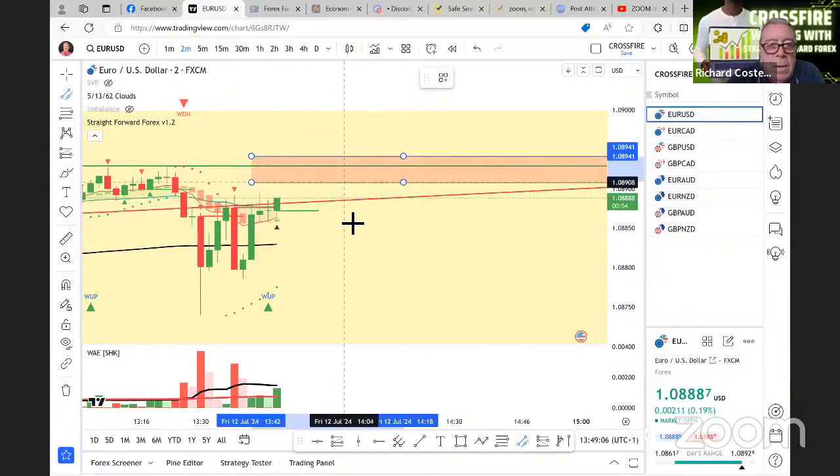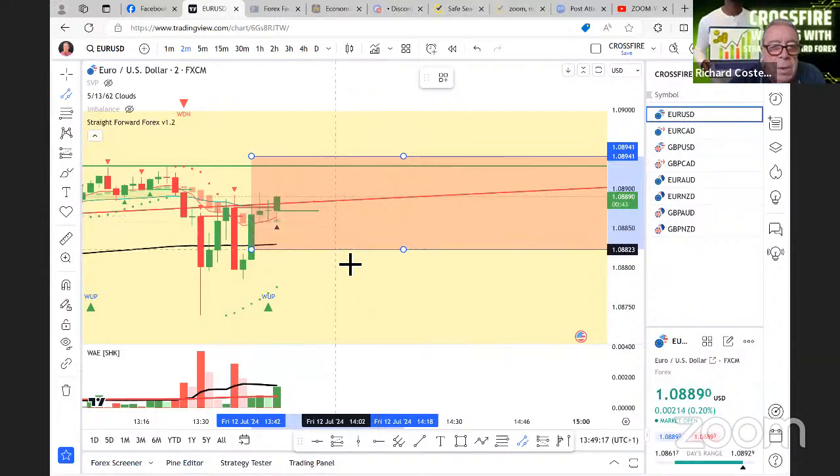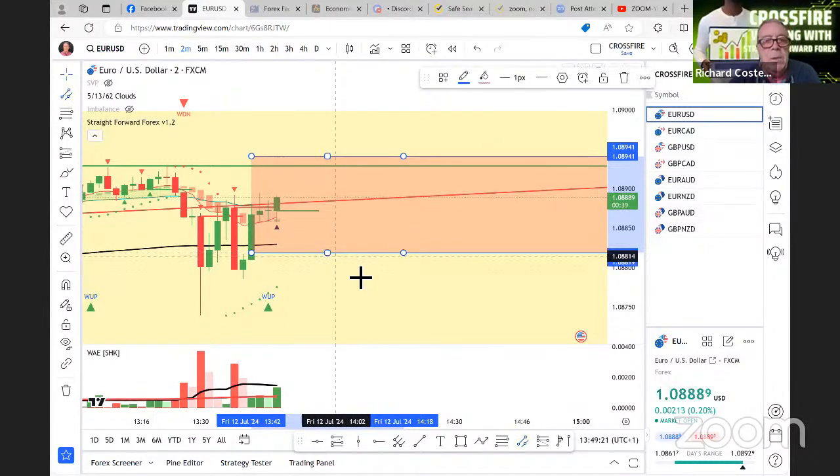And if I was going to get in for a sell, well, below the red trend line is one point, but then you've got the 200 moving average. So realistically, I'm going to need price to get below the 200 moving average for me to be tempted to get in.